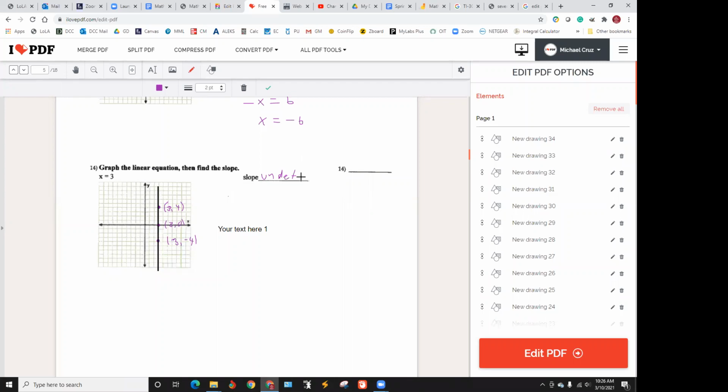And you could easily check that by using any of these points on the line to calculate the slope. If you were to do that, there's going to be 2 3s in the denominator on your slope formula, which is going to amount to 0. Anything in the denominator that's 0 is undefined.